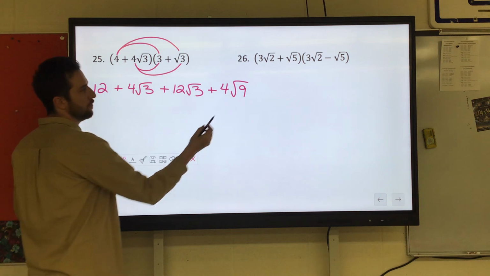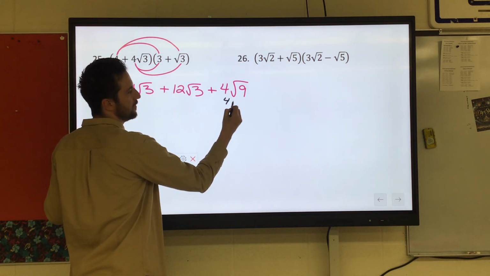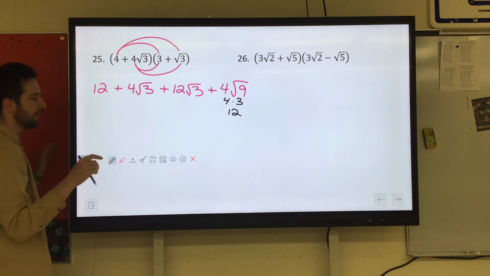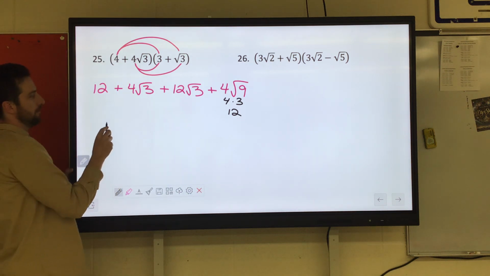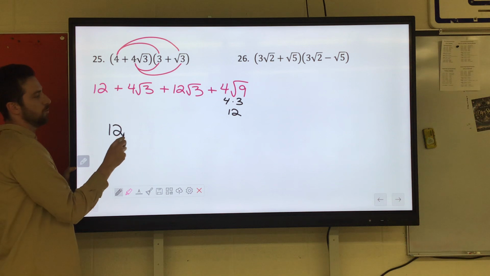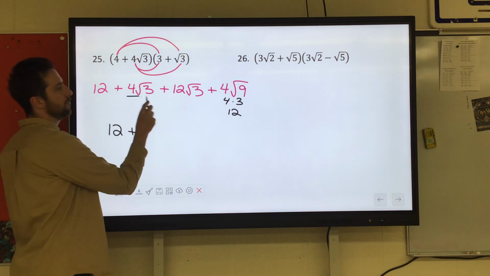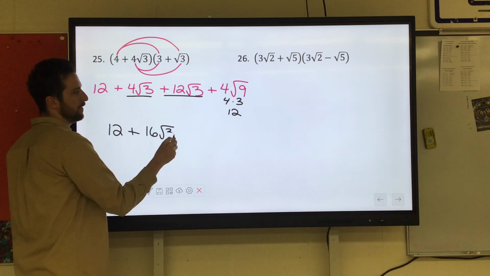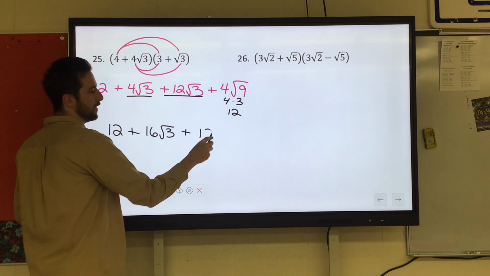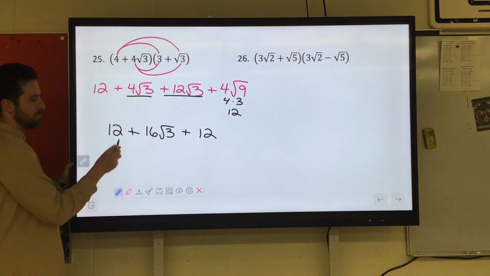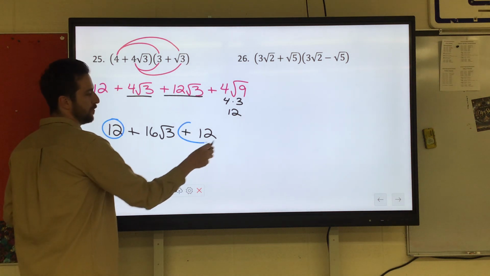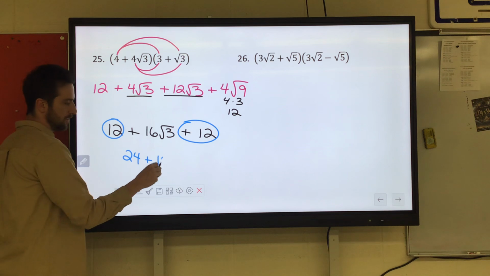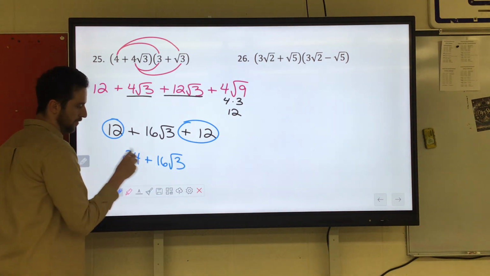Well, 4 root 9, the square root of 9 is 3, so 4 times 3 is 12. So if I rewrite what we got here, we got 12 plus 4 root 3 plus 12 root 3 would be 16 root 3. And then we have that plus 12 back there. Only one more thing to combine, the 12 plus 12. 24 plus 16 root 3.